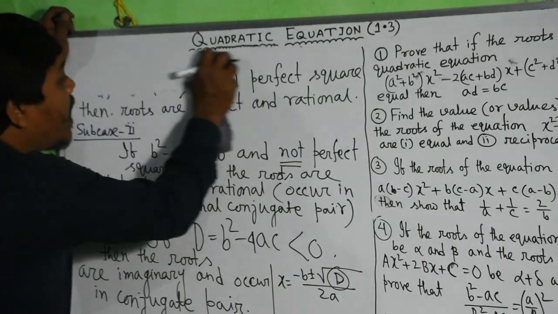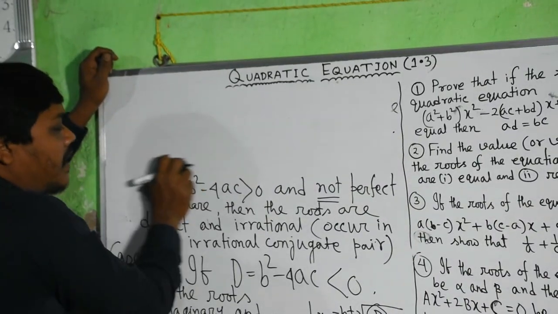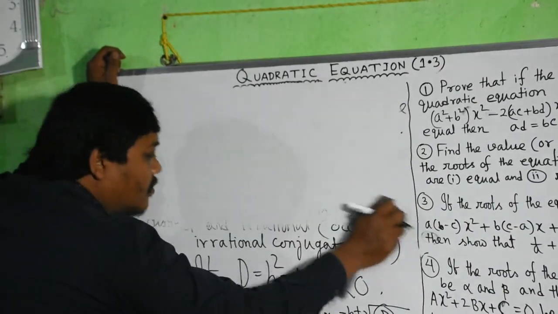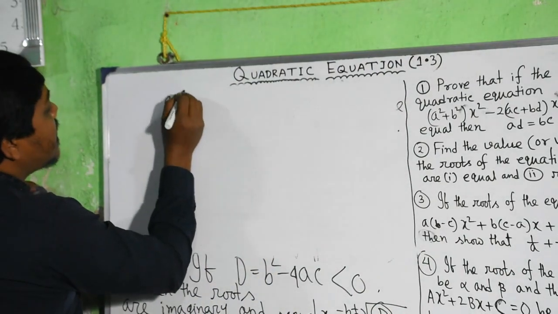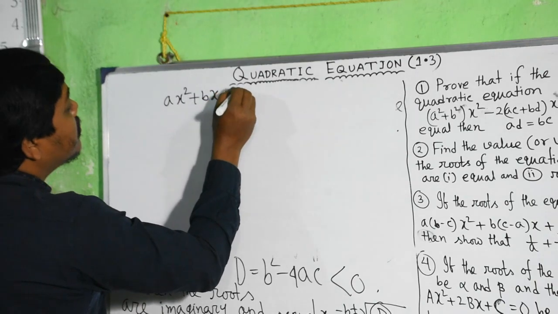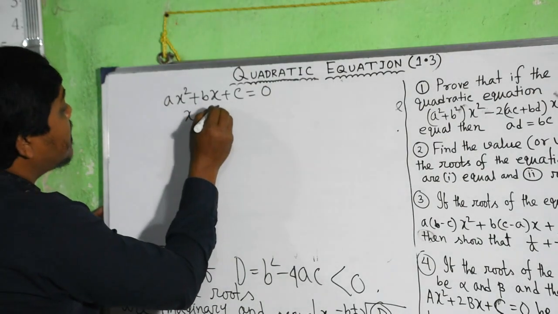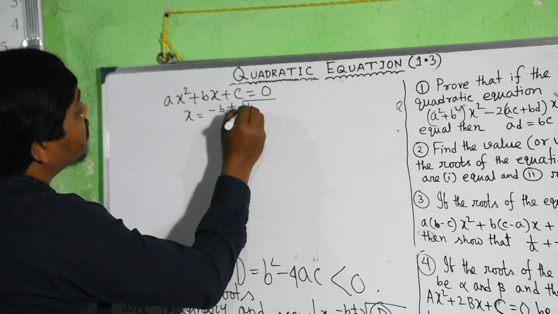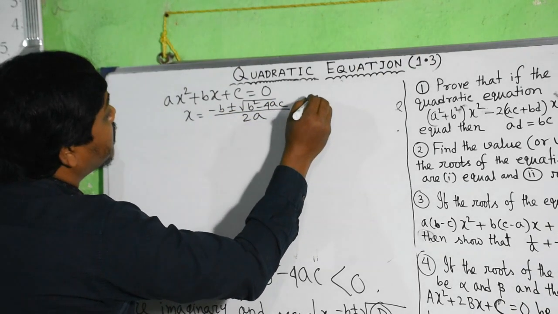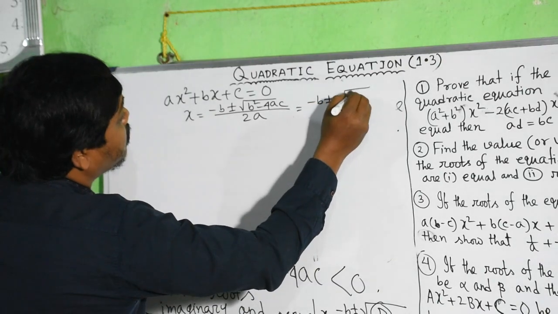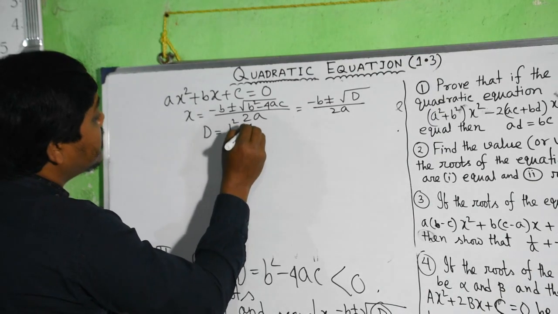Next, I erase this part. Shortly, I am providing a chart just to memorize this whole part. I have taken ax square plus bx plus c equals 0 as the quadratic equation, and the roots are x equals minus b plus minus square root of b square minus 4ac by 2a, and you can write minus b plus minus square root of D by 2a, where D is b square minus 4ac.